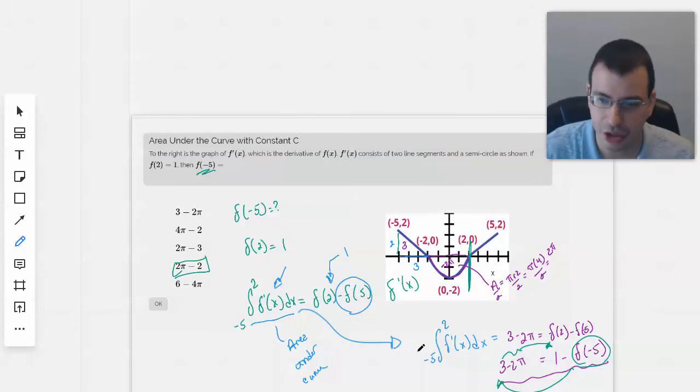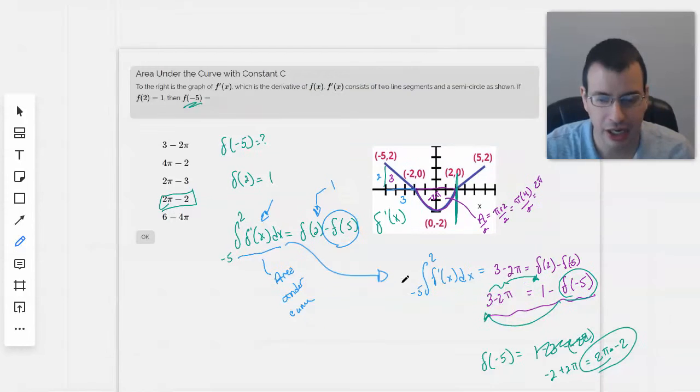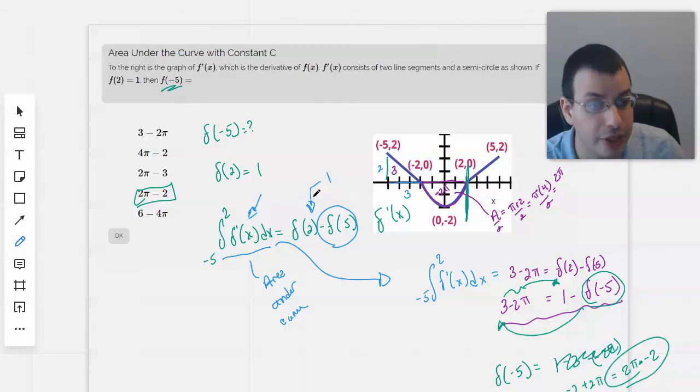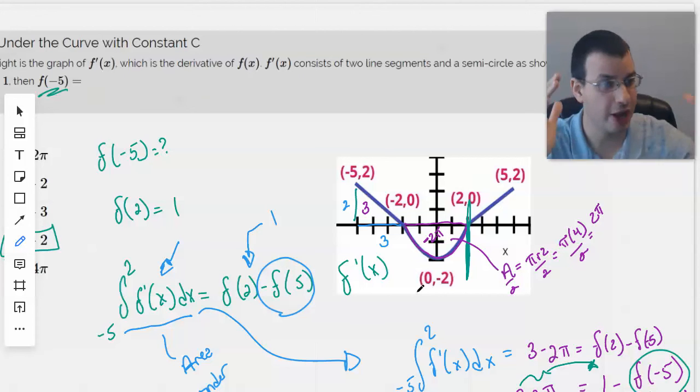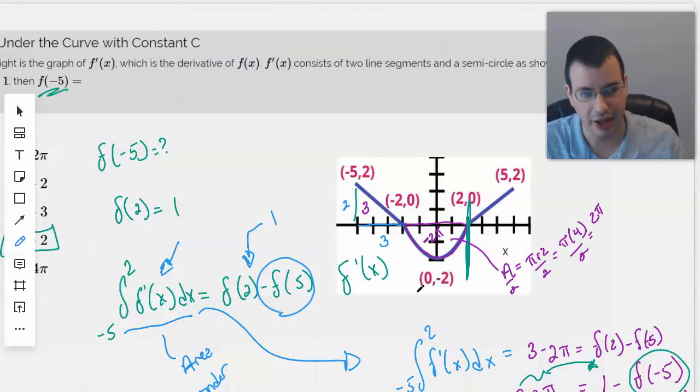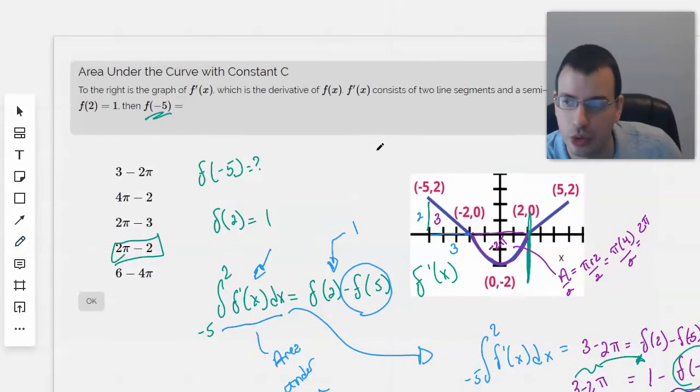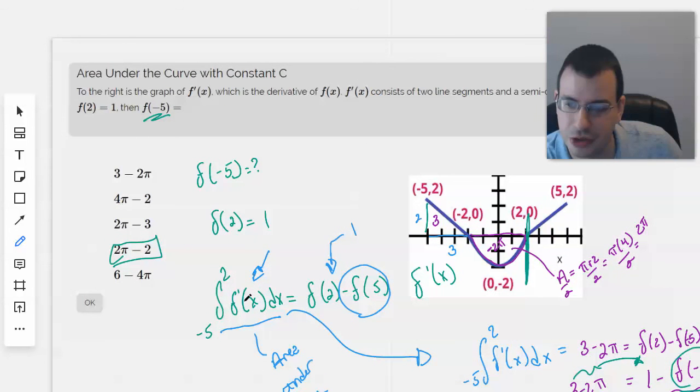So to backtrack real quick, let's go over what happened here. So what we were given was, all right, we have f prime of x is our graph. So if we take the integral of f prime of x, we get just normal f of x. So we're given f of 2, and we're given f of negative 5.